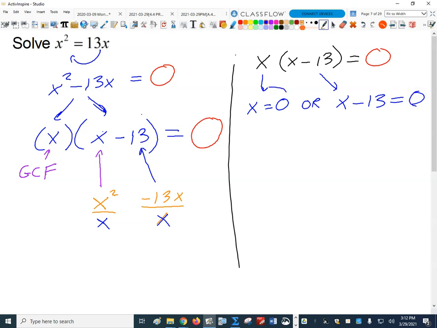So one solution is x equals 0. What value of x is going to make x minus 13 equal 0? 13, right? I just add the 13 to the other side. There are my two solutions, right? By applying the zero product property. Everybody see that? So if I can set the equation equal to 0, factor the left side, I can use the zero product property to get my solutions, okay?